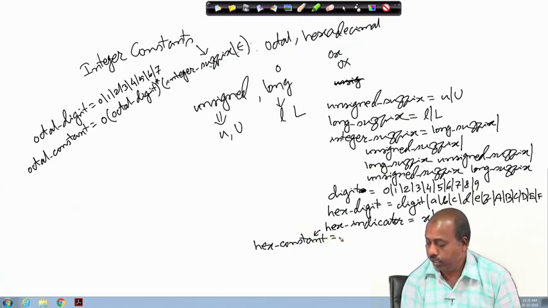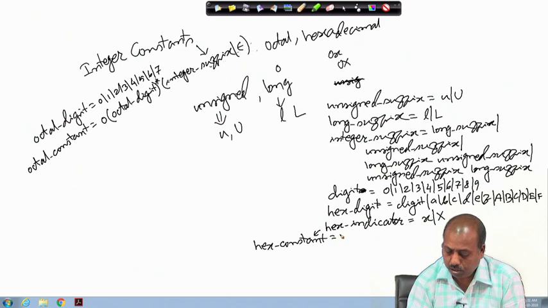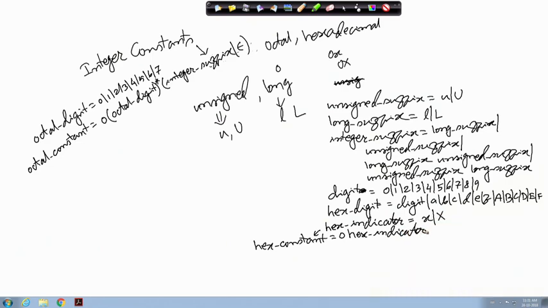Hex constant is equal to 0 followed by hex indicator, then hex digit, at least one digit should be there, followed by hex digit star, and that should be followed by integer suffix or epsilon.